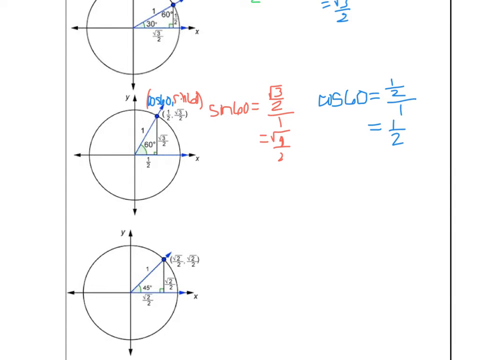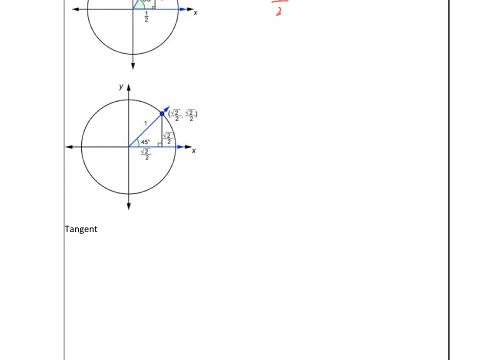Well, let's try it one more time. Let's go with 45, 45. Let's stick with the cosine first. So the cosine of 45 degrees, adjacent, which is root 2 over 2, over hypotenuse, which is 1 still. So our cosine is root 2 over 2.